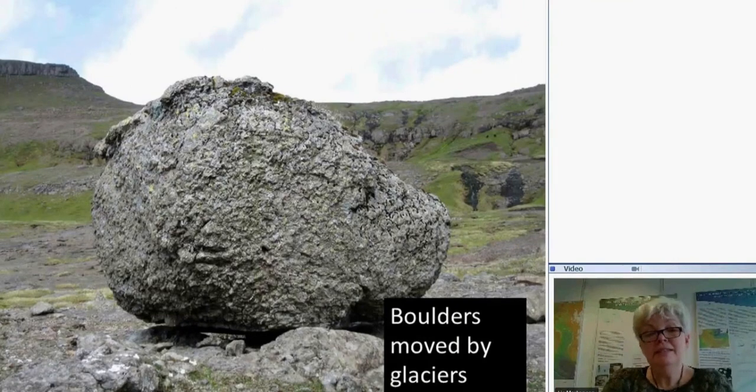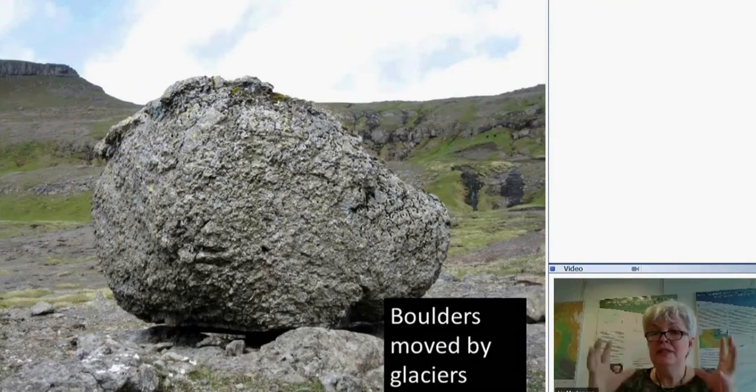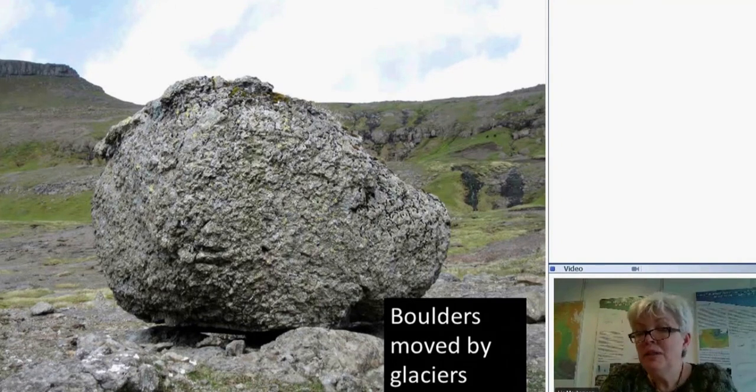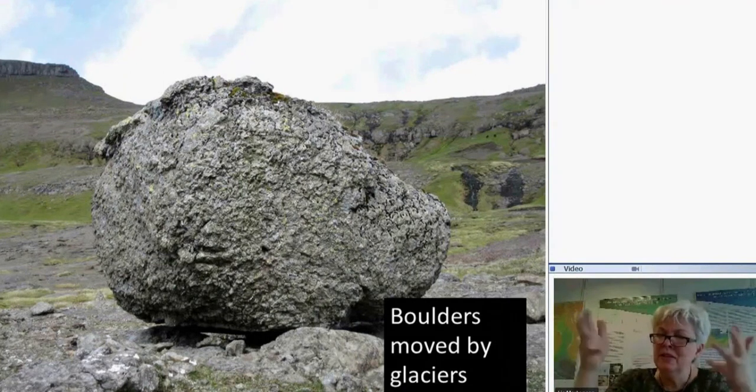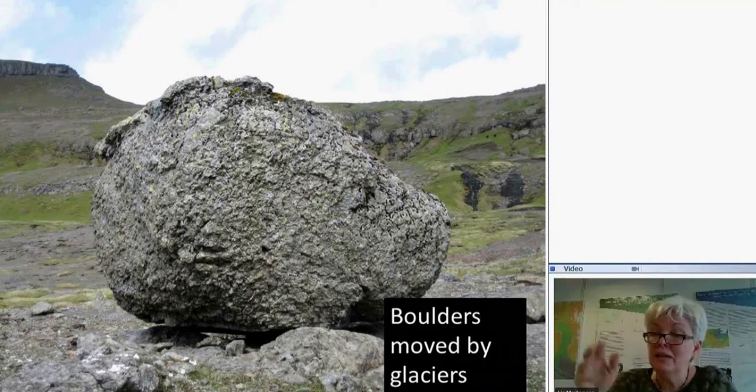In many places in the Faroes you can see these huge boulders that are just placed like small pieces of furniture around the landscape, and you wonder, how did that rock end up there? There's not a steep side where it could have fallen down. It's just a flat place.